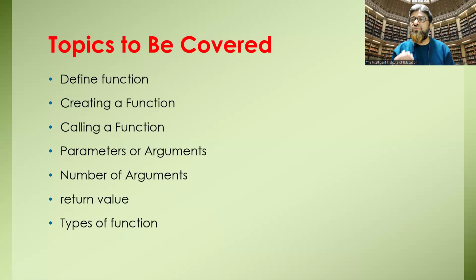How many arguments we can pass, as well as the concept of return. And finally, I would like to explain the types of functions. When we complete this, we will know that we have understood and can implement the concept in a programming language.